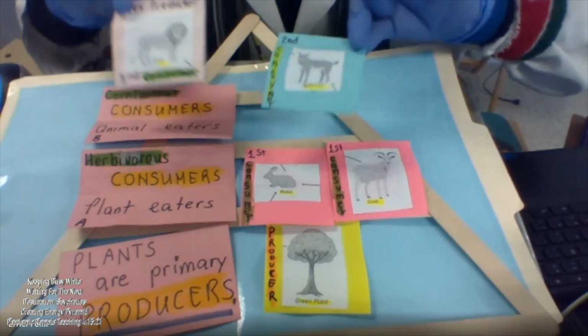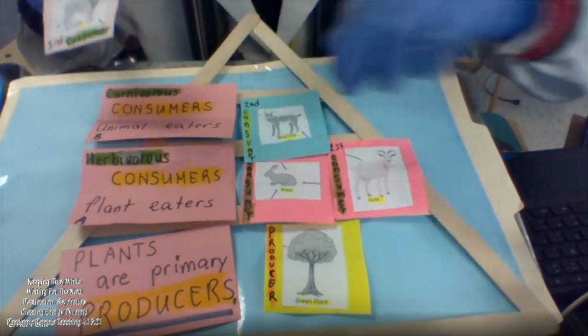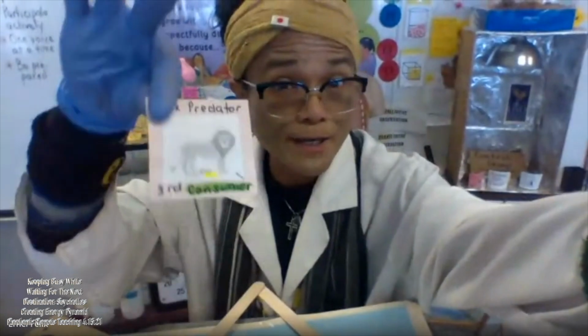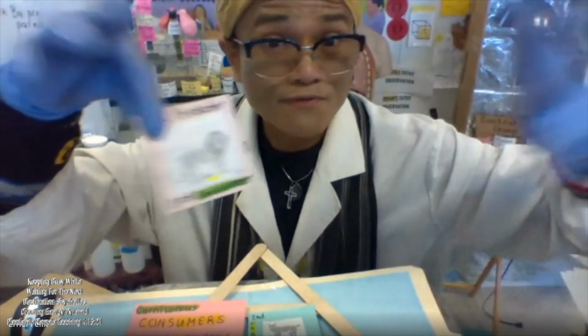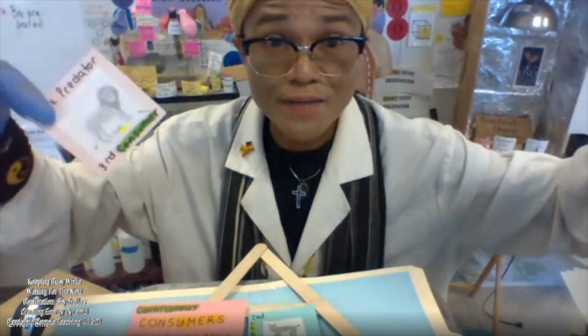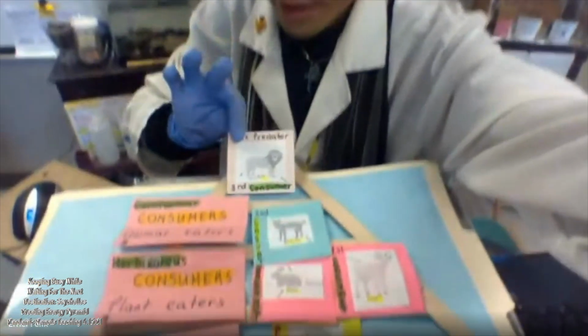Let's put the wildcat here because when it comes to size, the wildcat may be smaller than the lion, but they belong in the same family, the cat family. The lion can be right at the top.